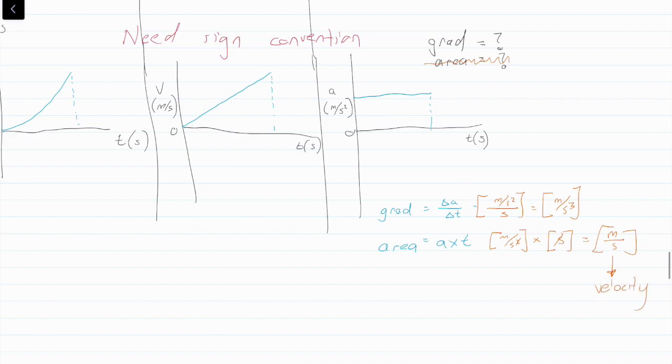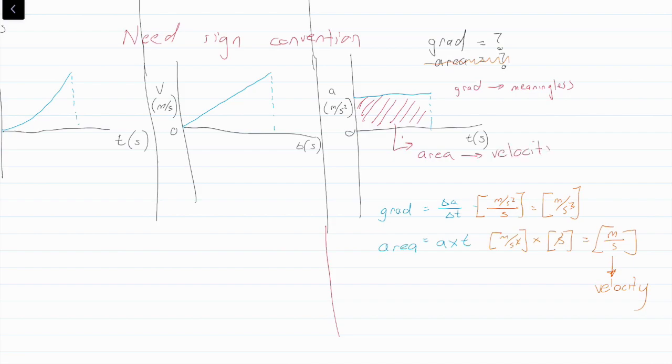So if we have an acceleration time graph, our gradient is basically meaningless, but the area under that graph tells us our velocity.